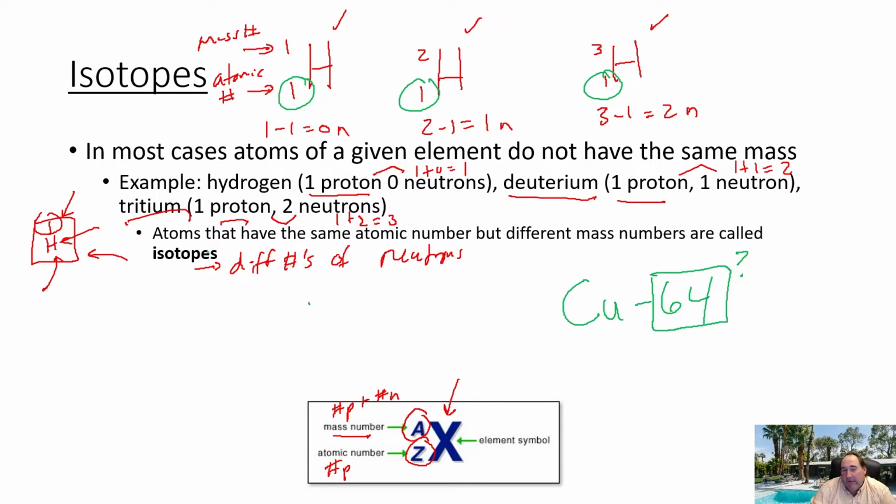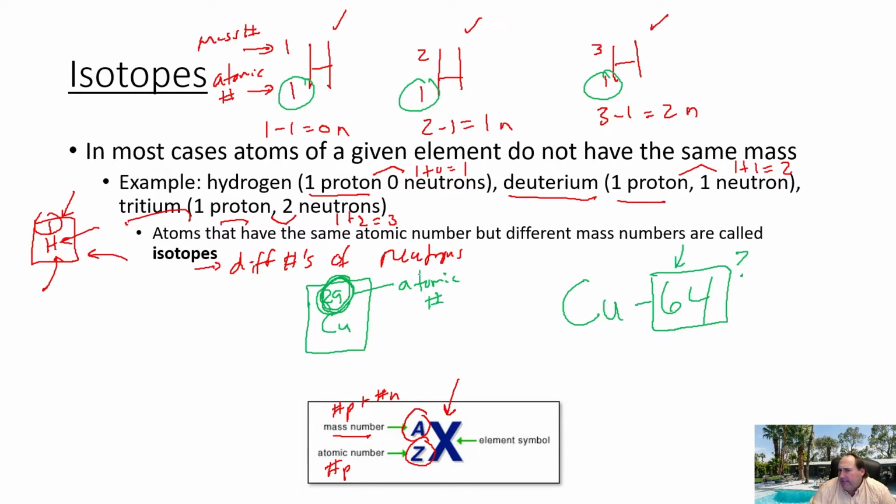Well, if I go to the periodic table and look up copper, I am going to find number 29, I think. So clearly, looking at the periodic table, I'm going to see that this top number is actually my atomic number, because that is the number that you can find on the periodic table.